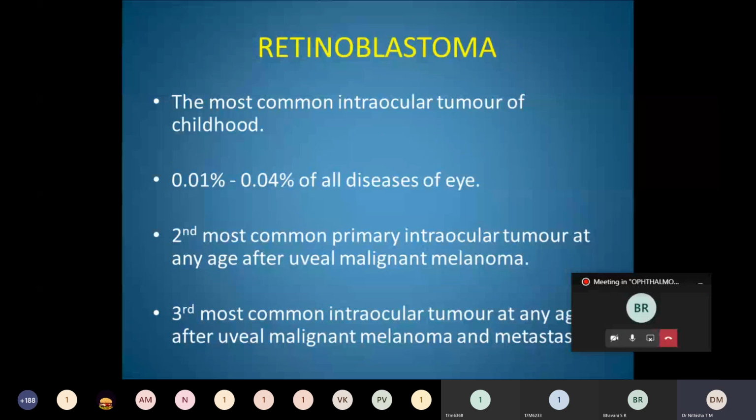Retinoblastoma is the most common intraocular tumor of childhood. It accounts for 0.01% to 0.04% of all diseases of the eye. It is the second most common primary intraocular tumor at any age after uveal malignant melanoma, and the third most common intraocular tumor at any age after uveal malignant melanoma and metastasis.